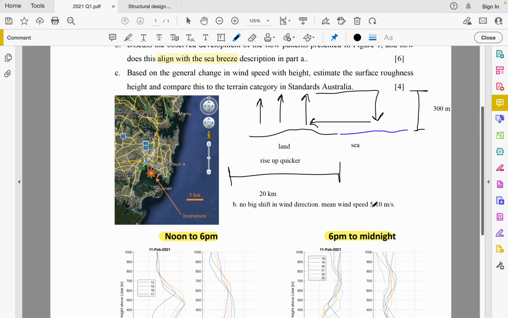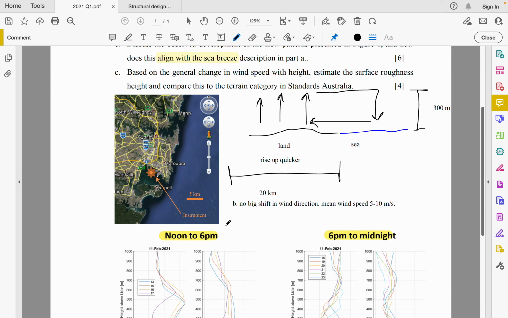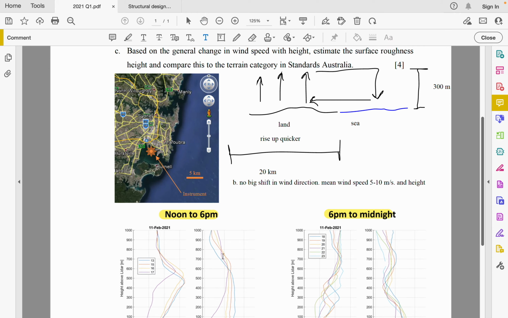And the minimum speed of 5 to 10 meters per second is too low for a sea breeze, which doesn't align. So those three reasons give us the hint that the graphs show this is not a sea breeze.